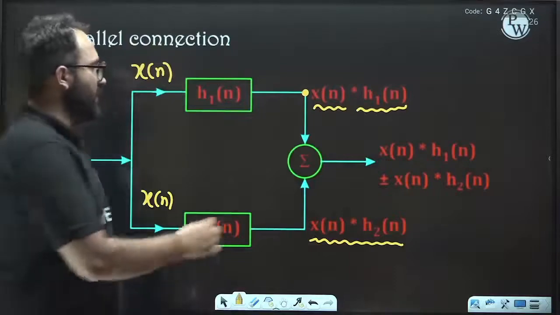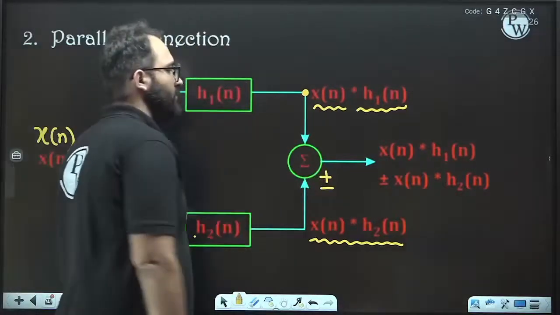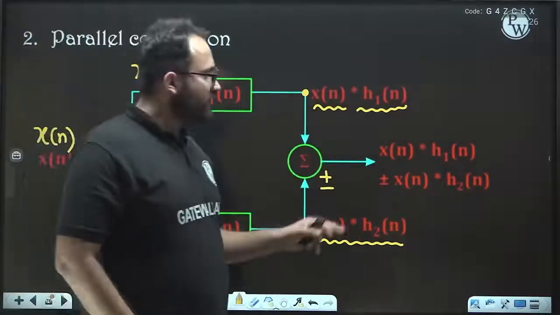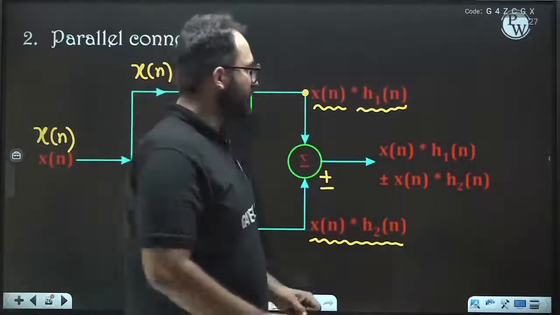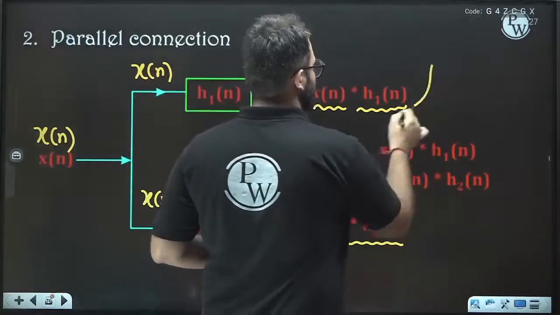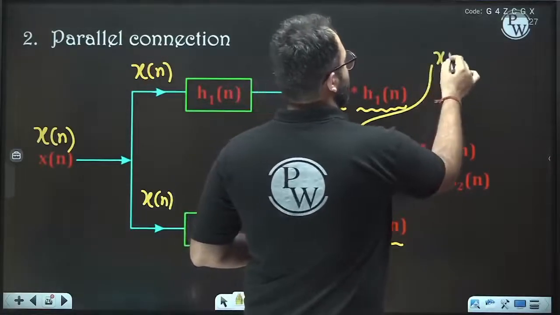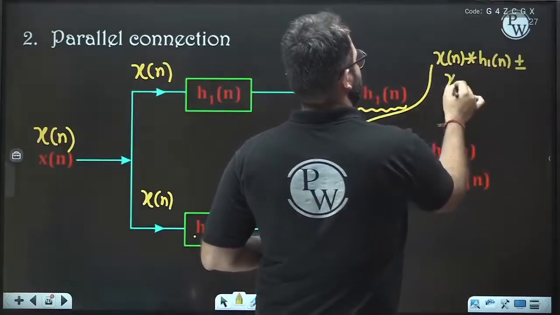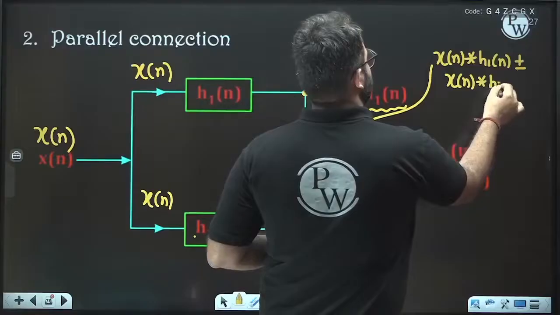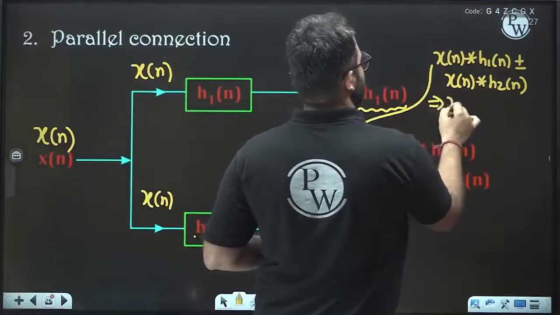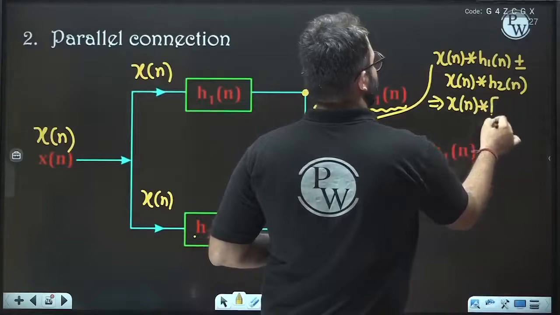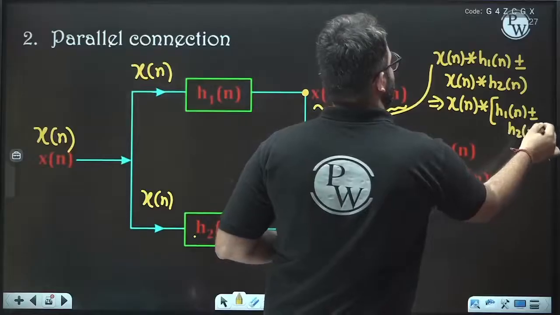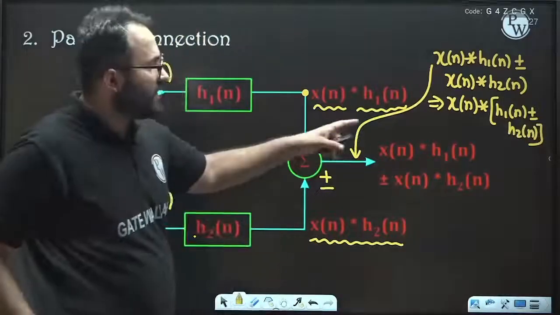Now here we are adding or subtracting. So the final result at this point will be xn convolve h1n plus minus xn convolve h2n. So this can be written as xn convolve h1n plus minus h2n.